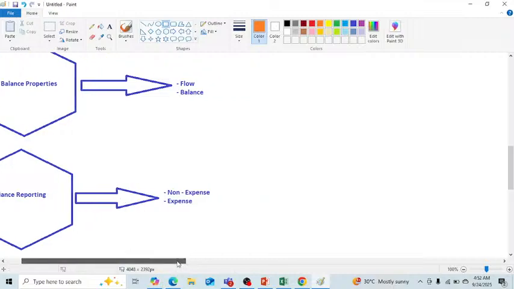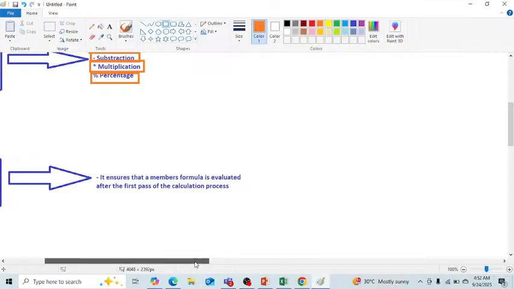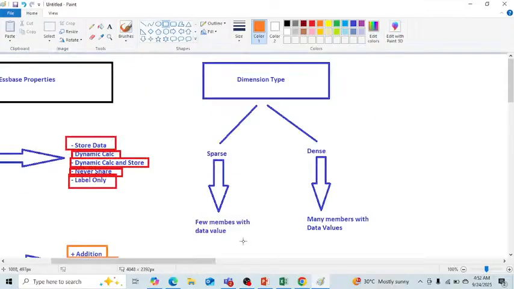Now we have also thrown some light on the dimension type. There are basically two types of dimension type. The first one is sparse and the other one is dense. This is a core Essbase concept. So what is the difference between the sparse and the dense dimension? The major thing is that dense dimensions have many members with data values.